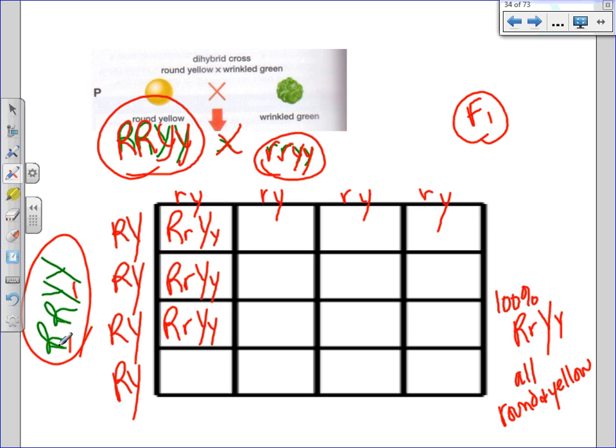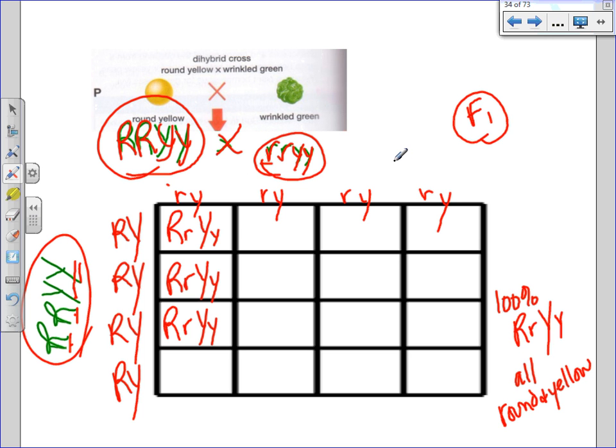So it can give this big R and this big Y here, this big R and this big Y here, and so on. There's 4 ways, but it's always big R, big Y. In this case, there's 4 ways of doing it, but it's always going to be little r, little y.